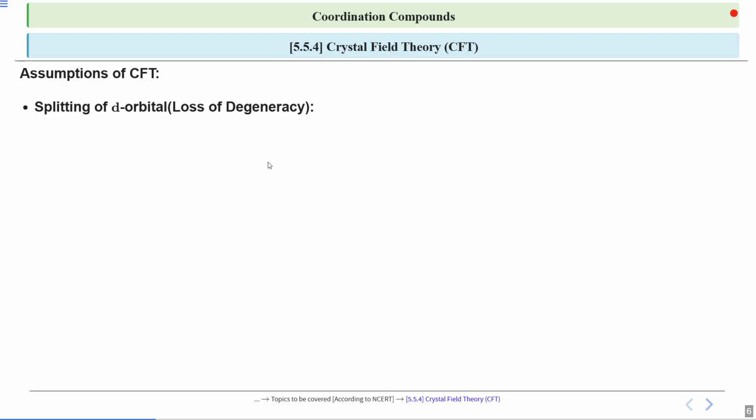Now the loss of degeneracy happens when the splitting of d orbitals takes place. How? In a real complex, the negative field created by the ligands is asymmetrical. Until the degeneracy of the d orbitals, there was a symmetrical spherical field generated by the ligands or the negative charge, right?